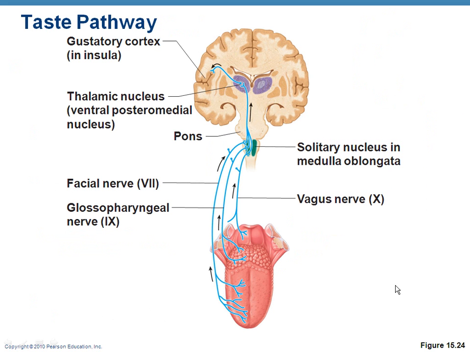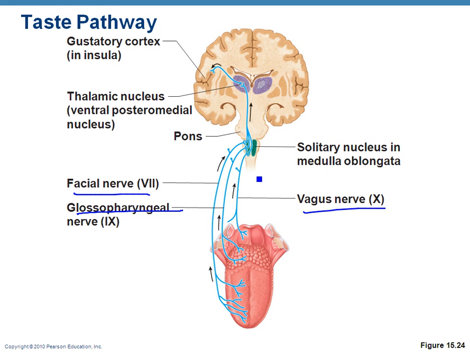The next part is showing what happens and what parts of the brain that signal or that cranial nerve travels through, and what that means for us and how we taste things. So we can see here we have the facial nerve, glossopharyngeal, we have the vagus nerve. These all synapse with the tongue and with these taste buds that we just saw.